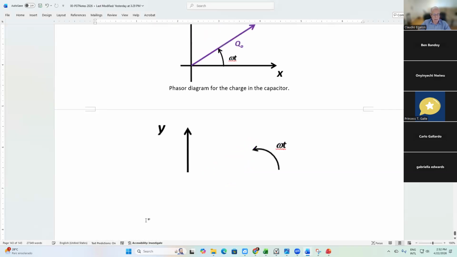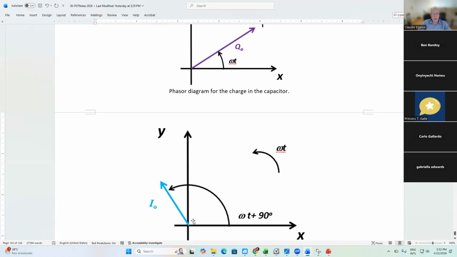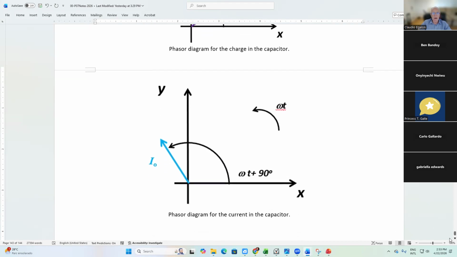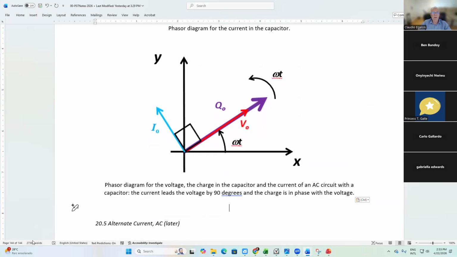I'm putting them separately. Here's the current, omega t plus 90 degrees. You have to visualize it rotating in real time. And here is the final phasor diagram combining everything: voltage, charge, current.